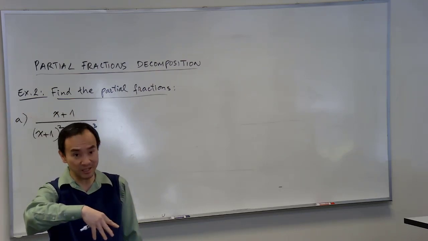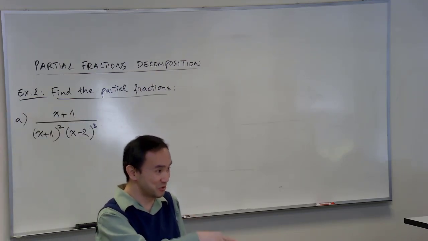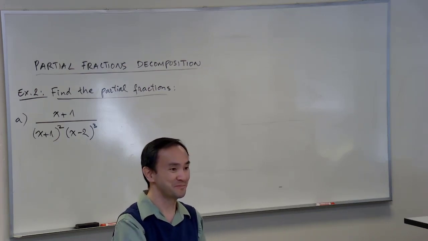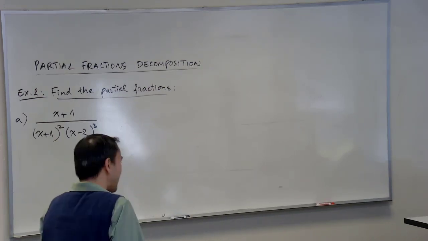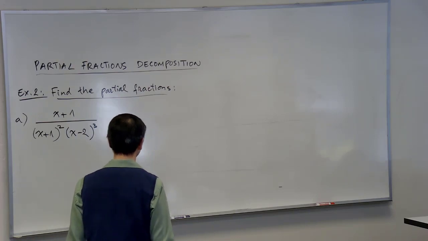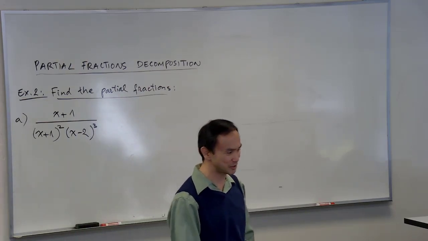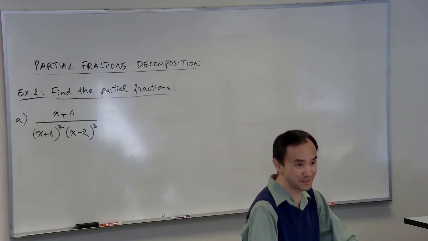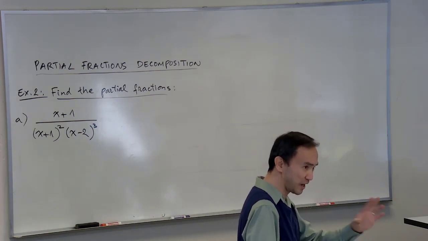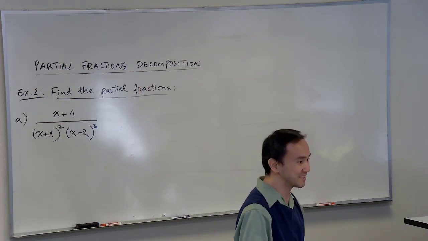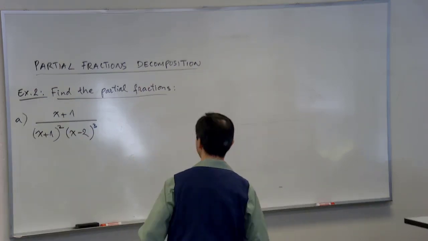But be ready that sometimes you may be asked to do the factoring yourself. Those problems wouldn't be too challenging for your factoring, but be ready that sometimes you have to find the factors yourself. In this problem, it already has the factors.